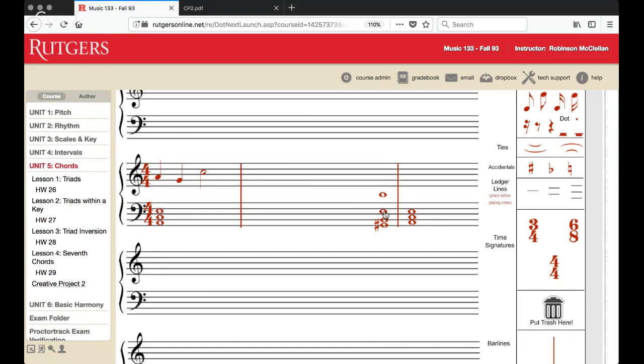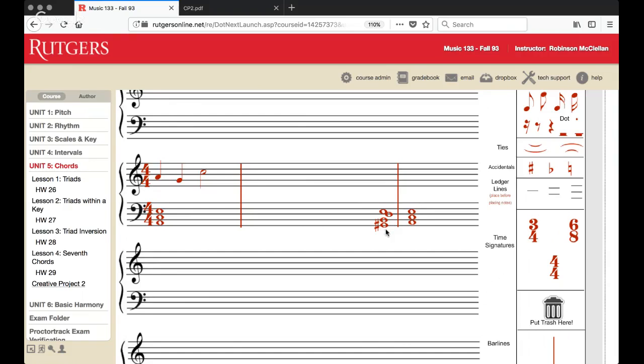And then I'm moving my fifth of the chord down just to be closer to the third, and then I'm moving my seventh down as well. And this is a little funky element of music notation. When two notes are a second apart, they sort of have to be off to the side. So this is my seventh chord in first inversion, because the third is now on the bottom.